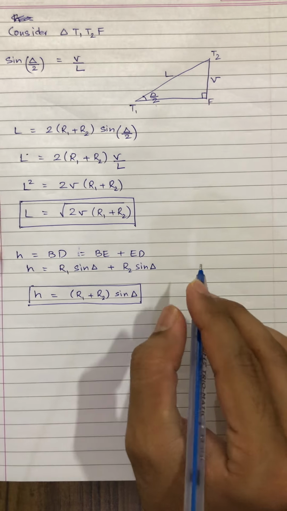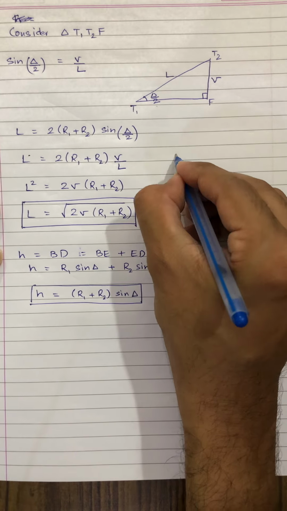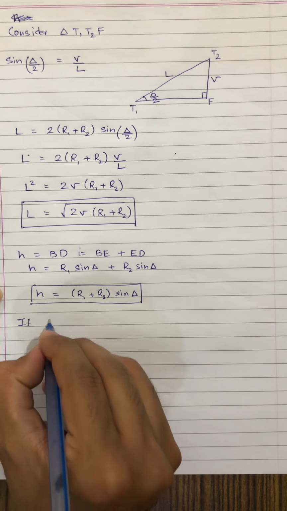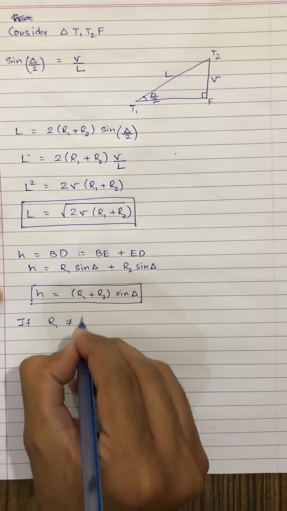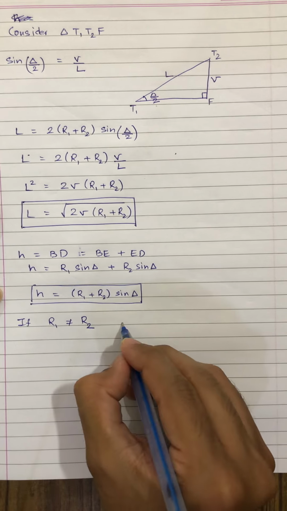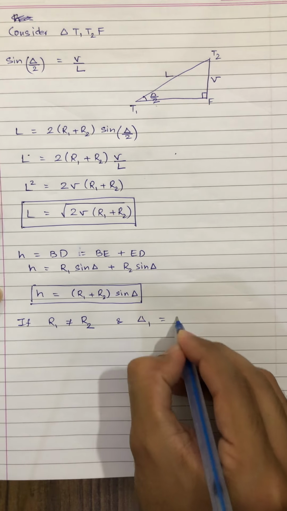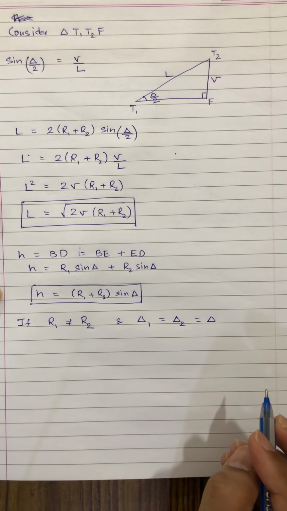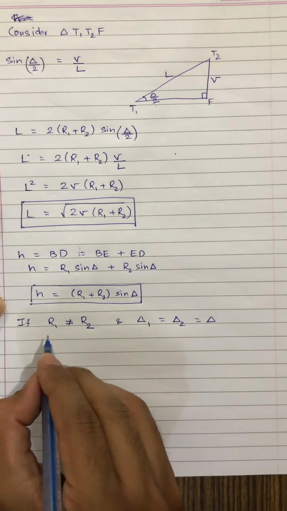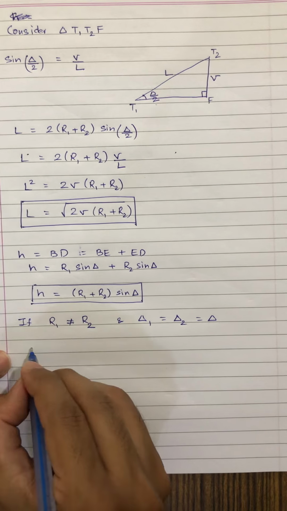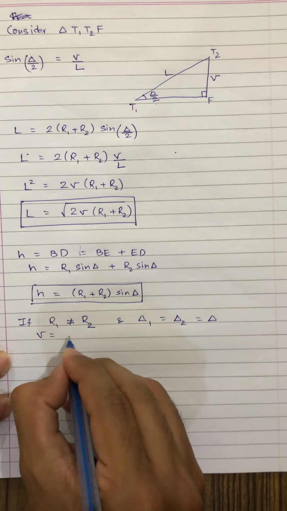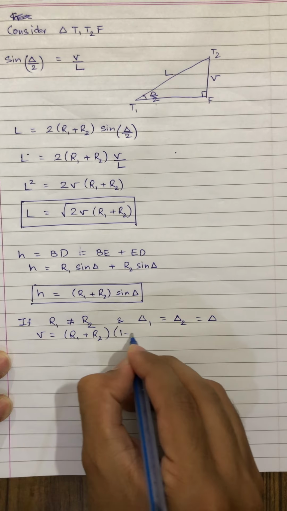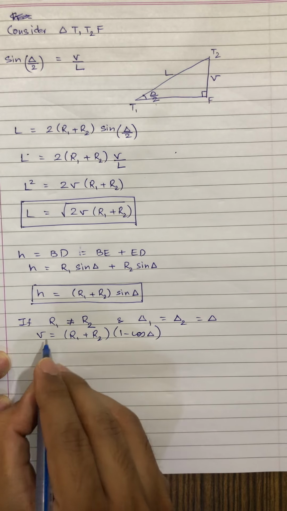Now we have got the values. Now these values are calculated if R1 is not equal to R2 and delta 1 is equal to delta 2 is equal to delta. Okay. So the equations are given as this: V is equal to R1 plus R2 into 1 minus cos delta.